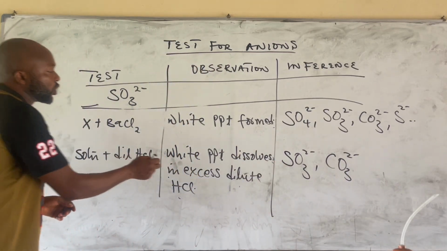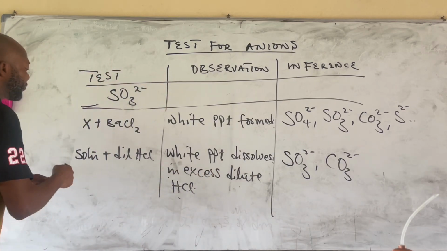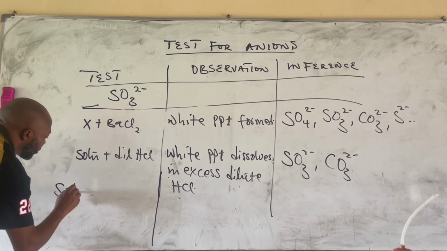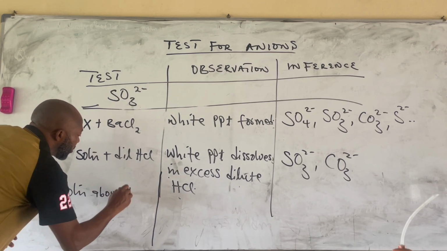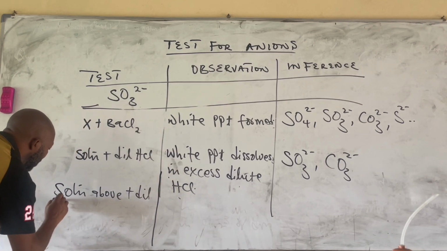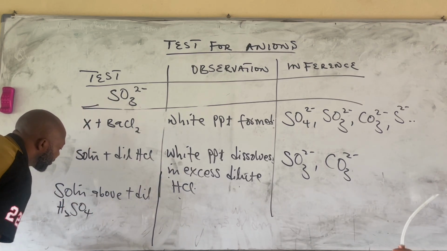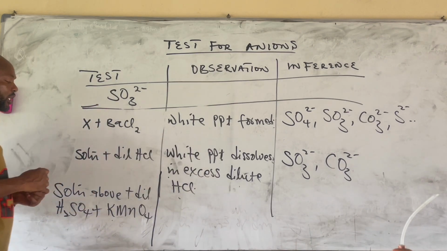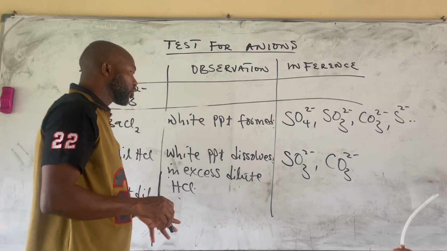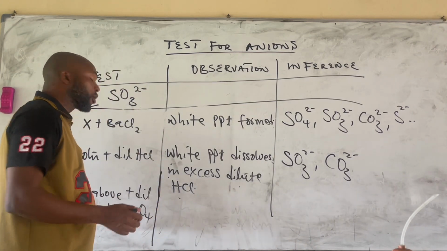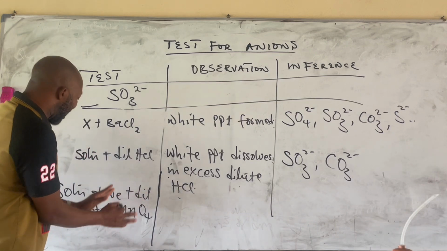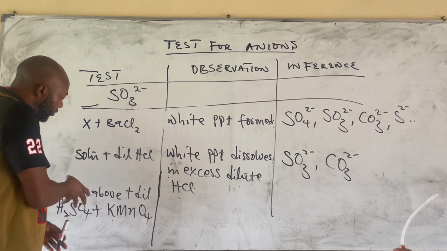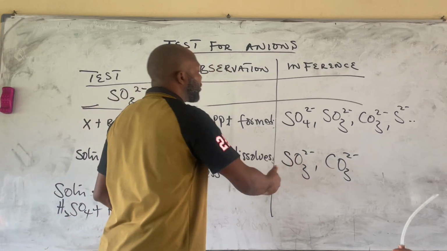We now say from this solution, we are going to acidify it with solution above plus dilute H2SO4, tetraoxosulfate acid, followed by KMnO4, potassium tetraoxomanganate 7. So when we add this, we know the color of KMnO4 is purple. Obviously, having added this, it will become purple in color. That is it. But because of the presence of SO3, it will give us something else.